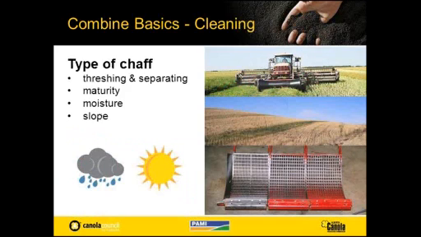Now, the type of chaff makes quite a difference as to how the machine is going to perform, and basically long straw down on the cleaning system is a killer for most cleaning systems. That comes about either from over threshing or trying to get excessive separation and using too wide of openings on the wire spacings, and you get a lot of that down.